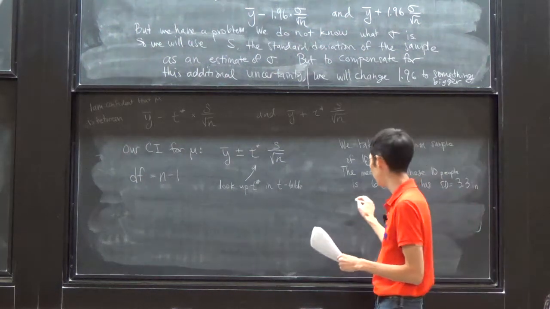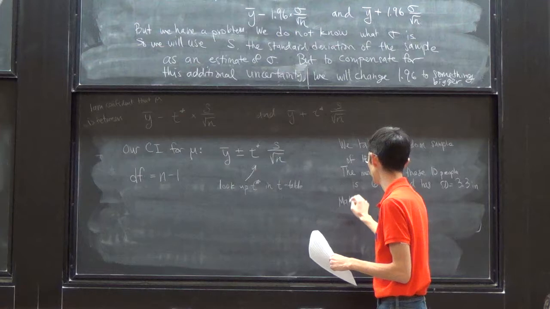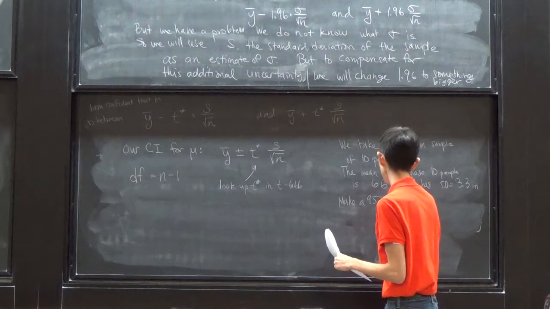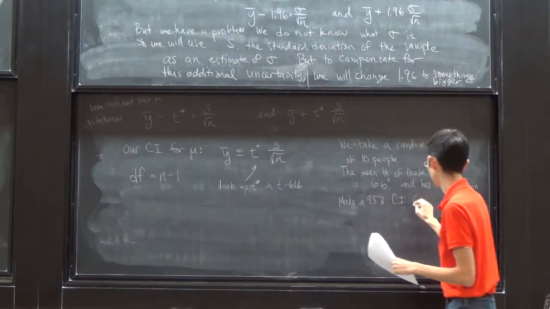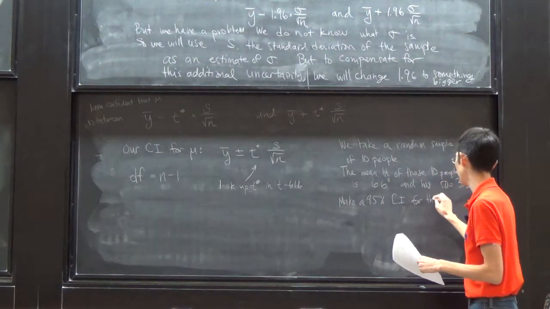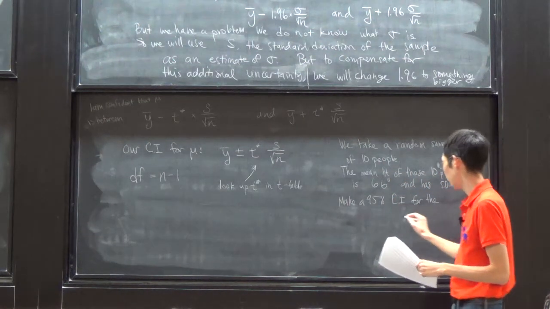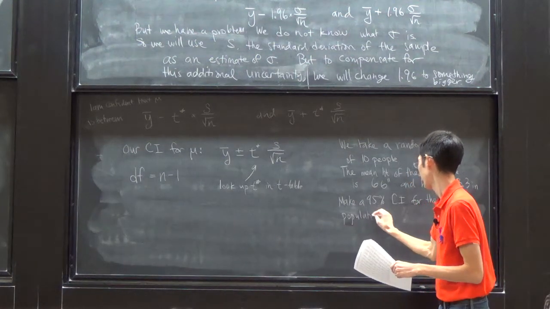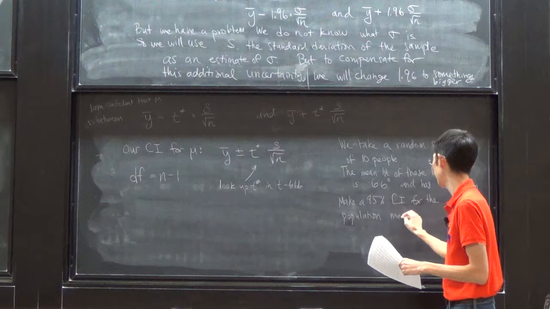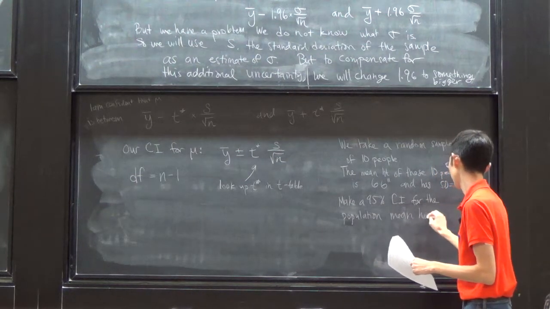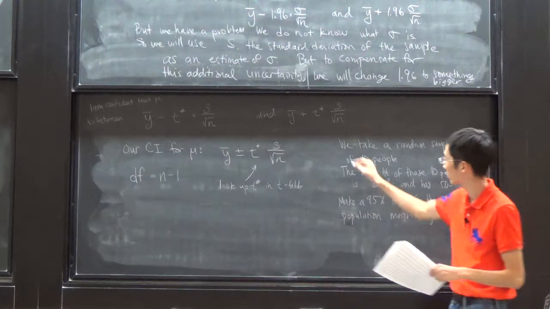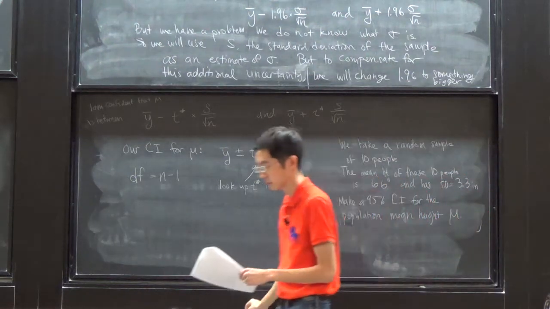Make a 95% confidence interval for the population mean height mu. Okay, try that out.